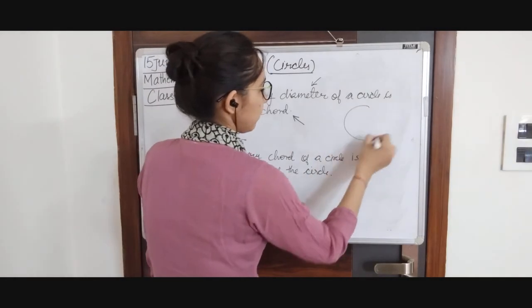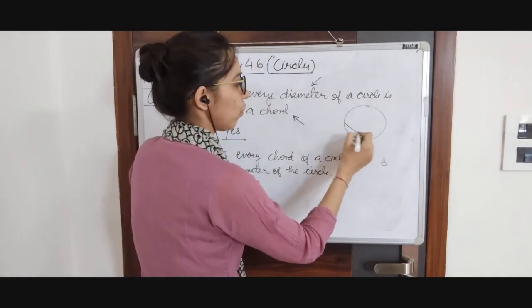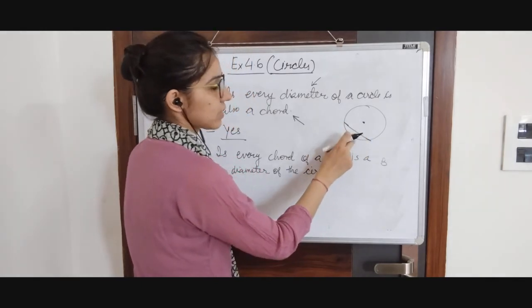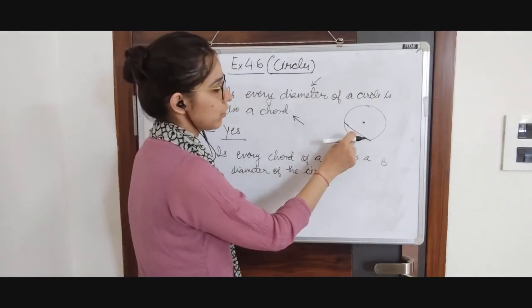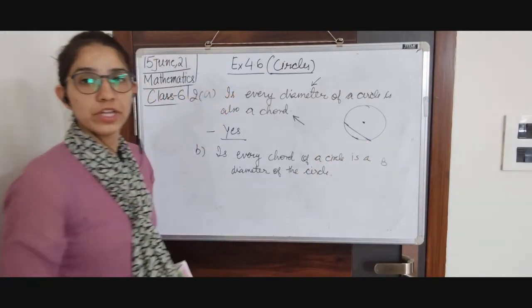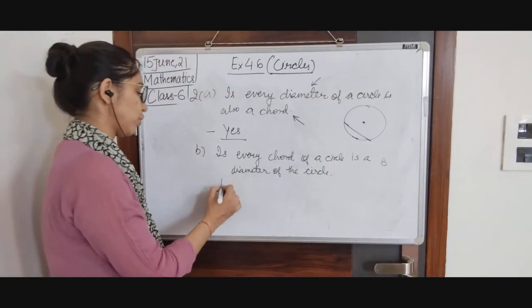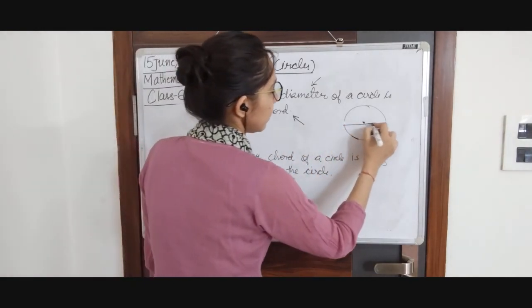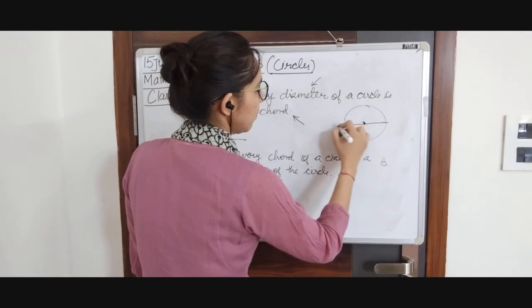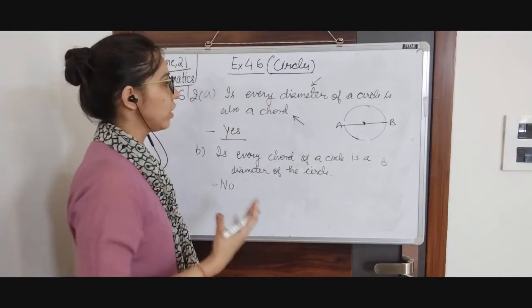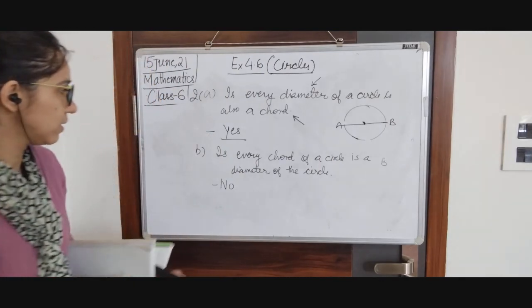Because this chord is not passing through the center, so it is not satisfying the definition of a diameter. But in part A, AB is a diameter. Is AB also a chord? Yes, AB is also a chord. So this is yes and this is no.